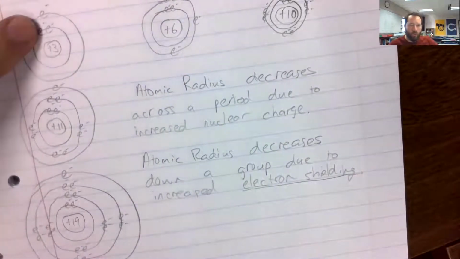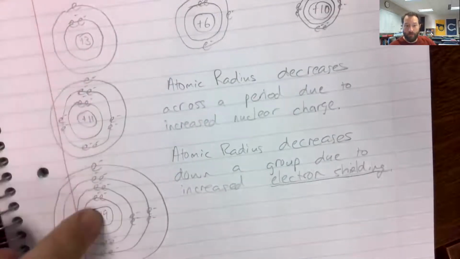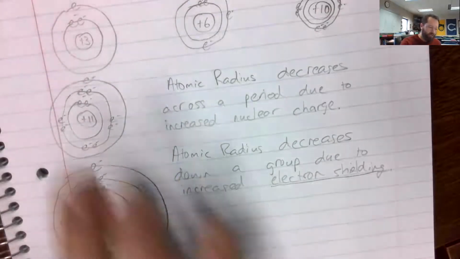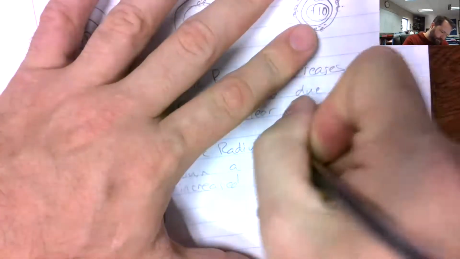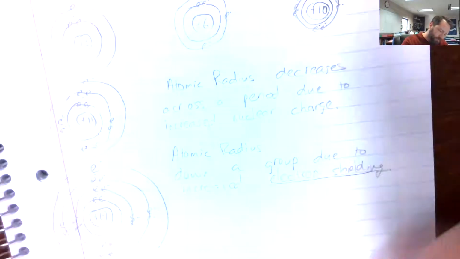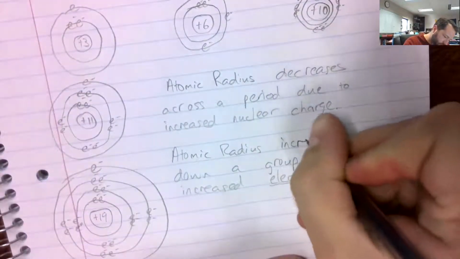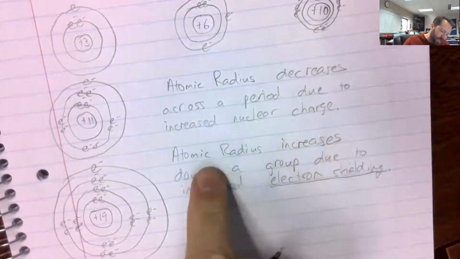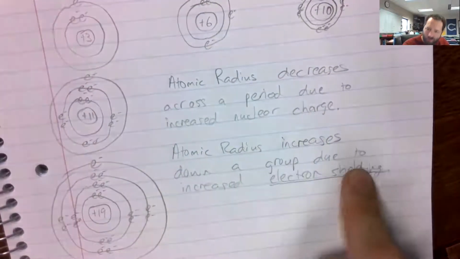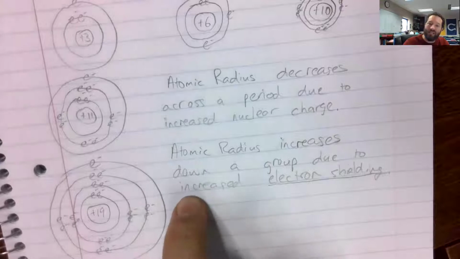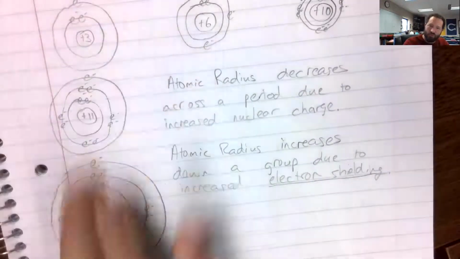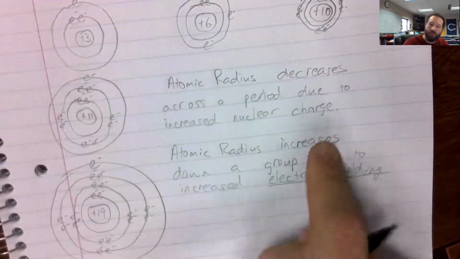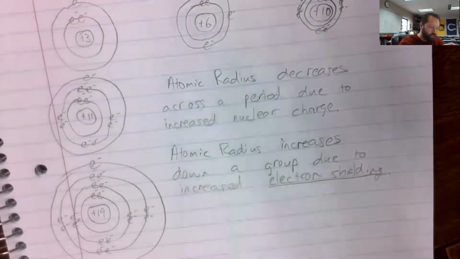As you move down a group, so all these elements are in the same group, they're all alkali metals, the atomic radius increases down a group due to increased electron shielding. As you're moving down, the size is getting bigger because we have more electron shielding.